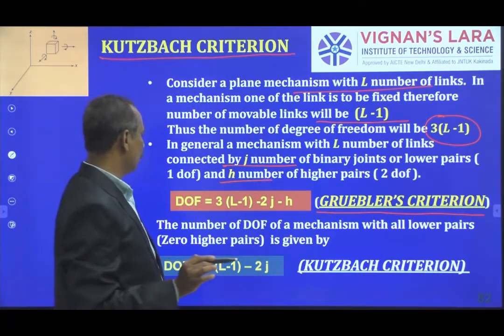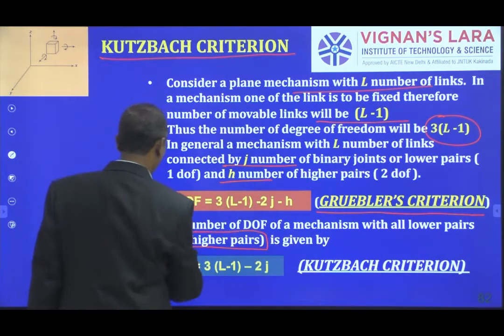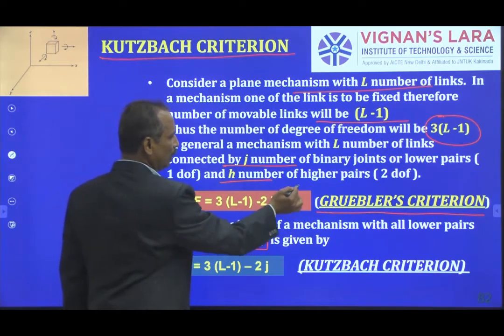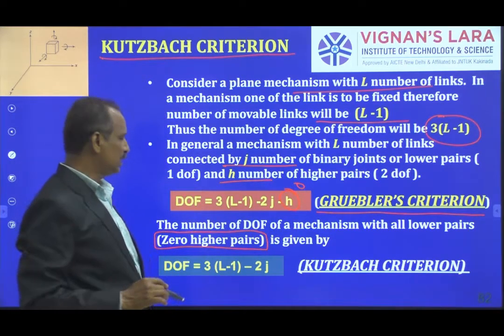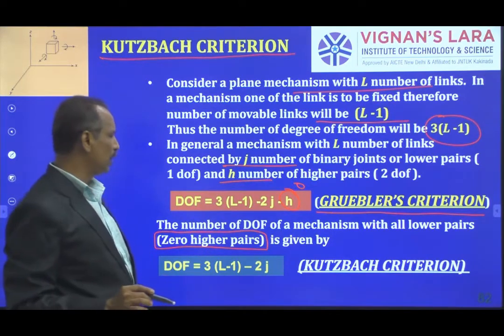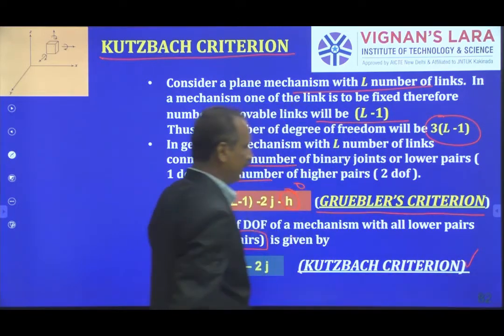Suppose in your mechanism there is no higher pair, 0 higher pairs. Then in the above equation I can write H equal to 0. Then this equation simply converts to degrees of freedom equal to 3 into (L minus 1) minus 2J, which is called Kutzbach's criteria.